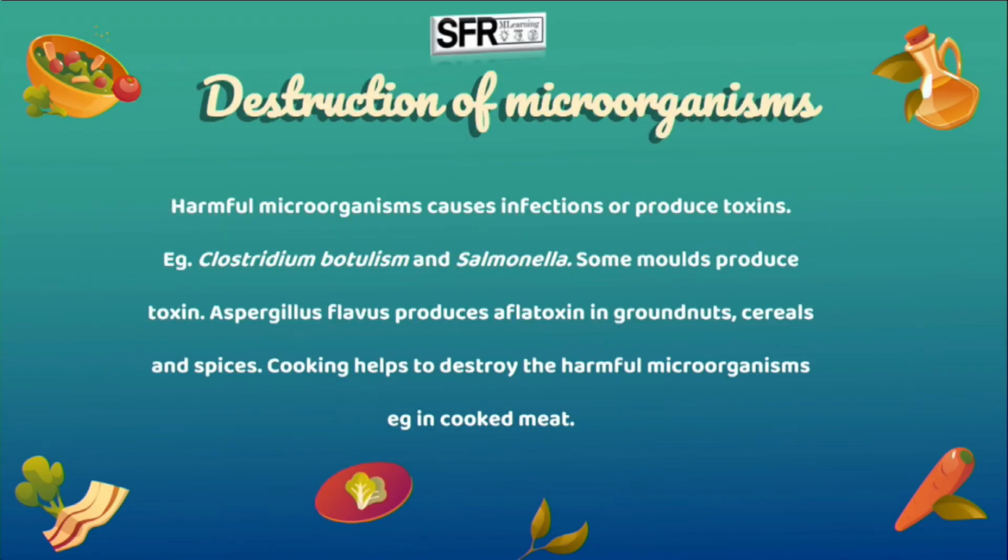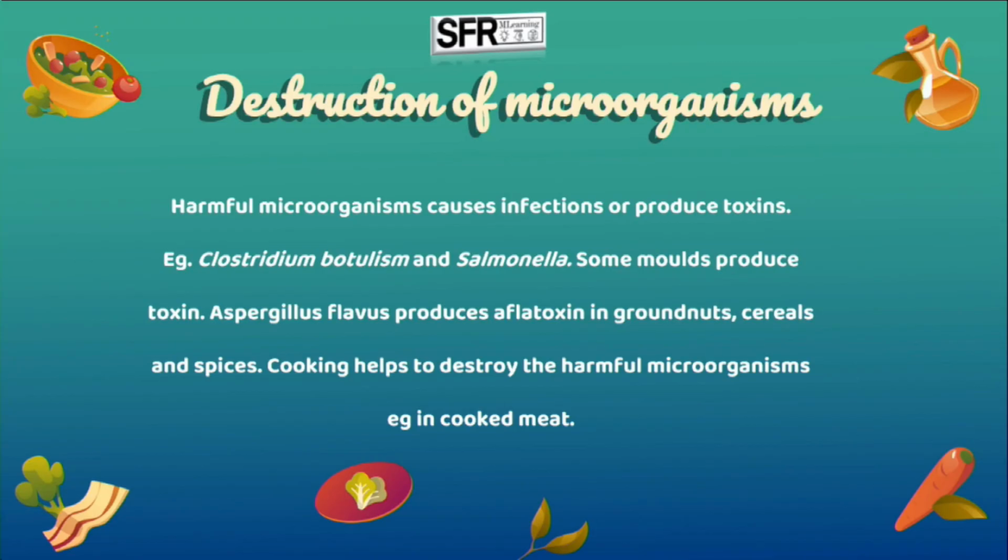The next objective is destruction of microorganisms. We already know every food has some microorganisms on its skin and in its atmosphere. So the main objective of cooking is destruction of the microorganisms present in raw foods. Harmful microorganisms cause infections and produce toxins in the human body. For example, Clostridium botulinum, Salmonella species and some molds produce toxins, which may be mycotoxins.